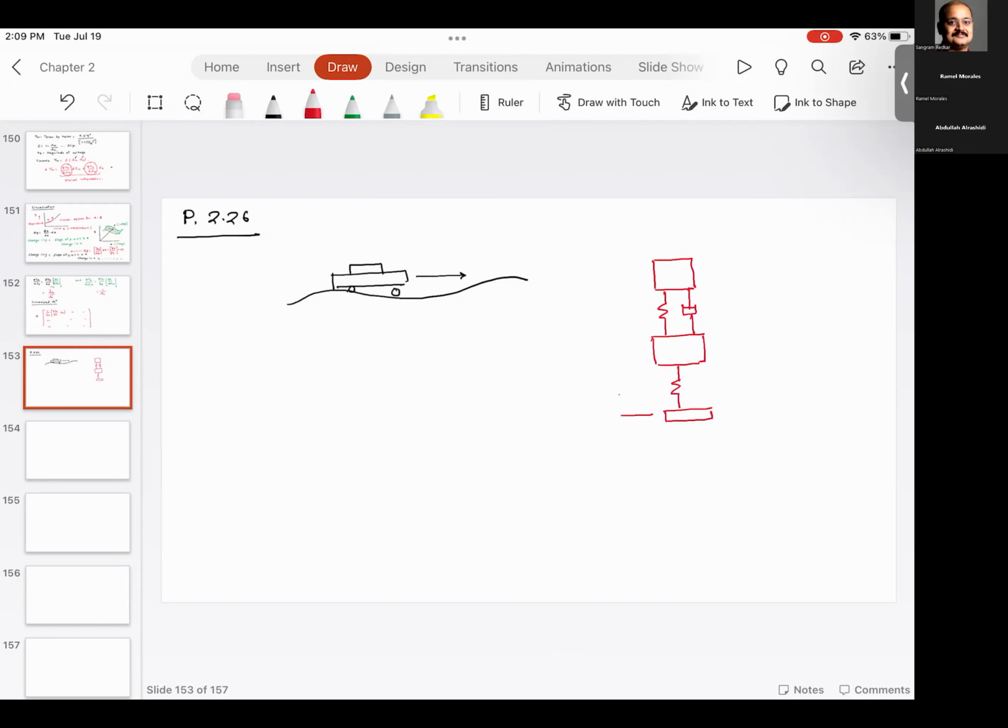Here is the excitation u(t). Here is the displacement, say x1, or you can call this x1, x2, and you have the velocities x1 dot and x2 dot. I would just write this down like k1, b1, and then this is k2.